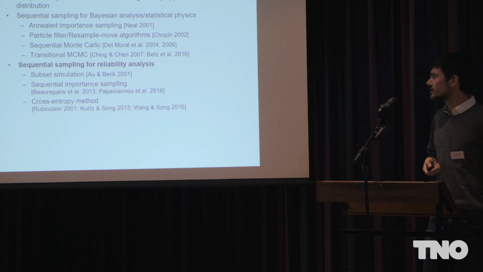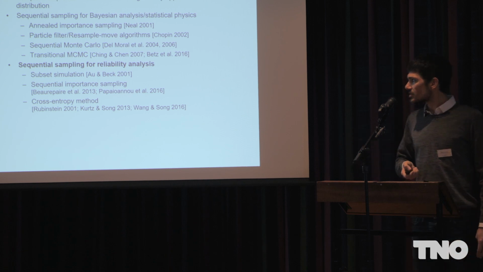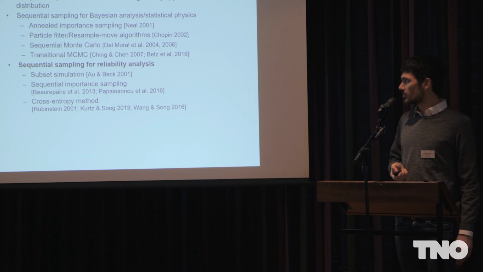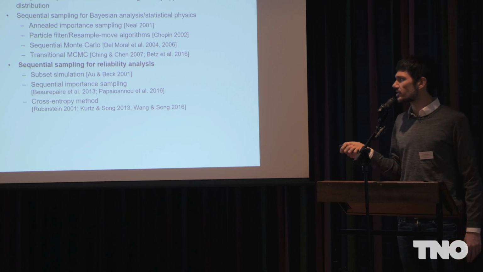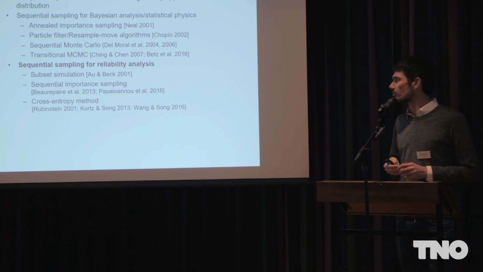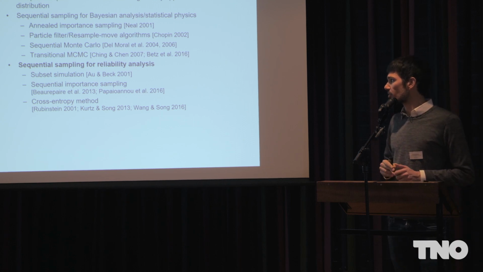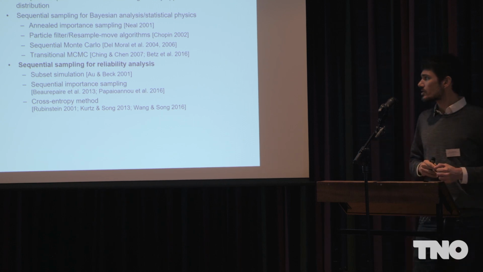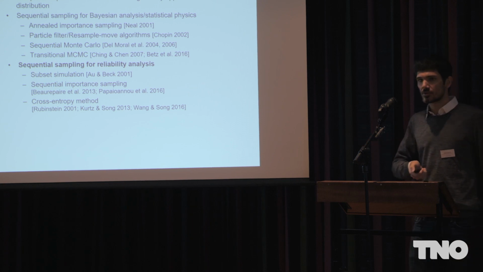When we look at reliability analysis, sequential sampling approaches are subset simulation, sequential importance sampling, which in principle are the same method, with some specific differences but based on the same concept, and the cross-entropy method. So today I will focus on these first two methods, subset simulation and sequential importance sampling.